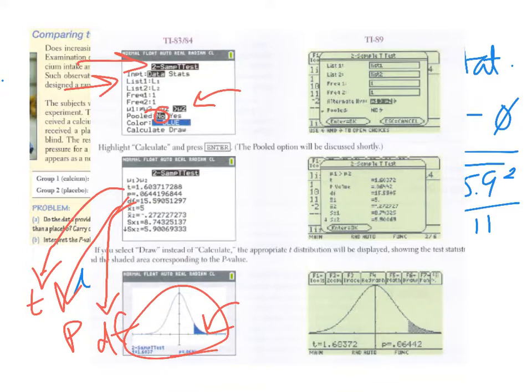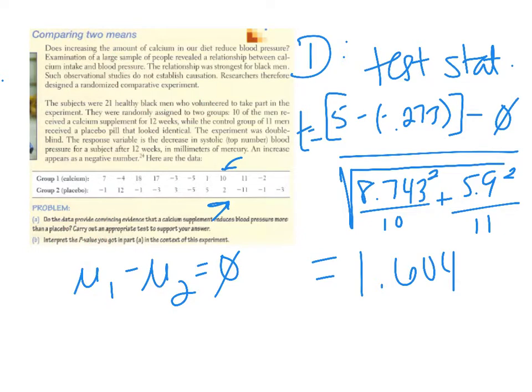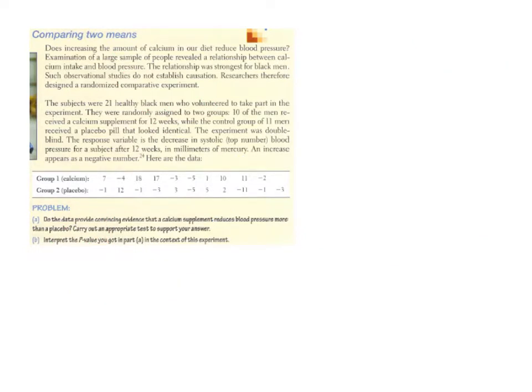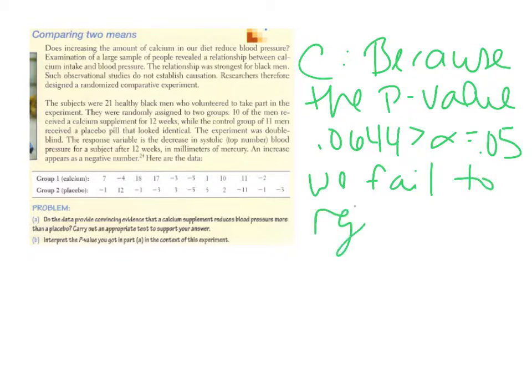Once you've put all of that into your calculator, you need to interpret. We need to draw our conclusion, same as before. Because the p-value of 0.0644 is greater than alpha equals 0.05, we fail to reject the null hypothesis.